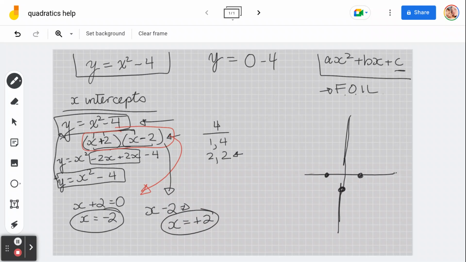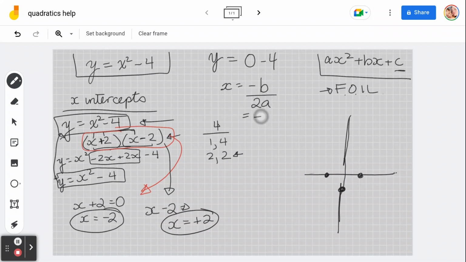And my vertex, that's where it intersects for y, my vertex is x equals negative b over 2a, sorry, brain fart.